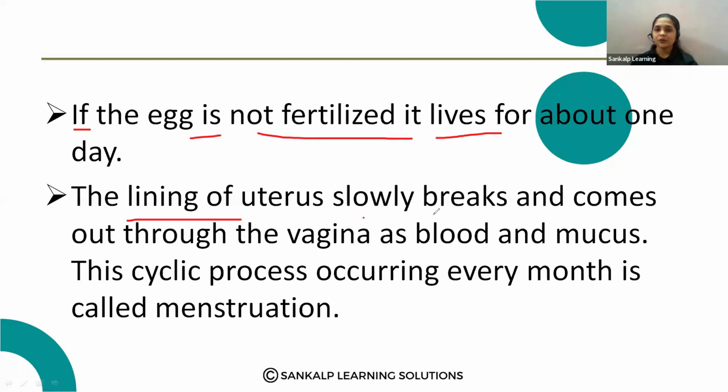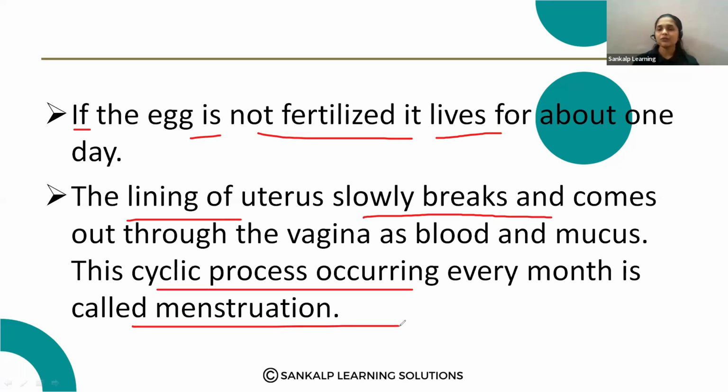The lining of the uterus slowly breaks and comes out through the vagina as blood and mucus. This cyclic process occurring every month is called menstruation. Every month one egg is released from the ovary. If that egg is not fertilized, the walls of the uterus break down and are released in the form of mucus and blood, and that is called menstruation.